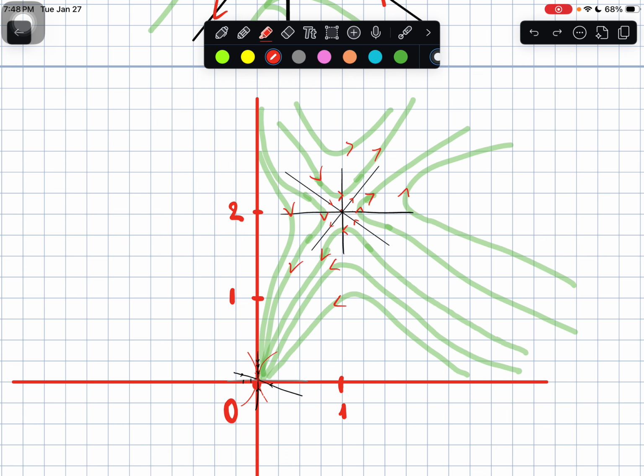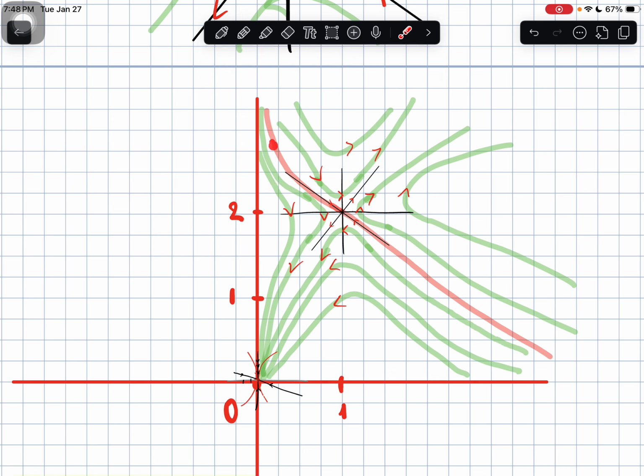So in this case, let's look at this. We have this line, this separatrix. If the initial condition of the two populations is somewhere below this separatrix, they both will eventually die out.